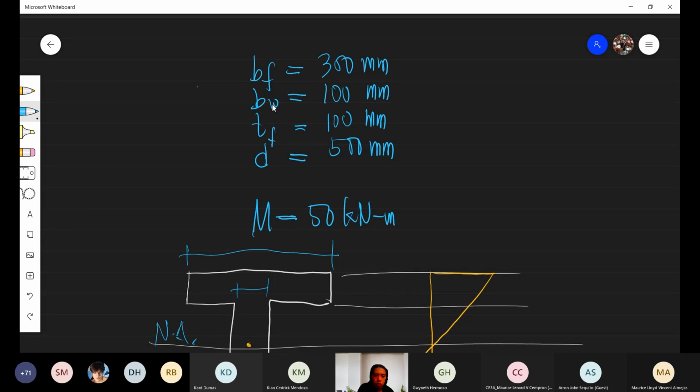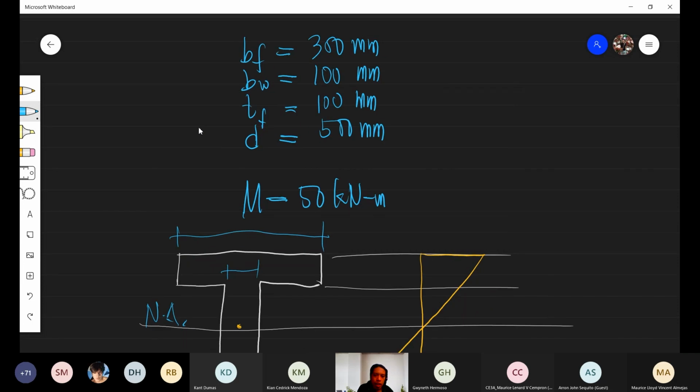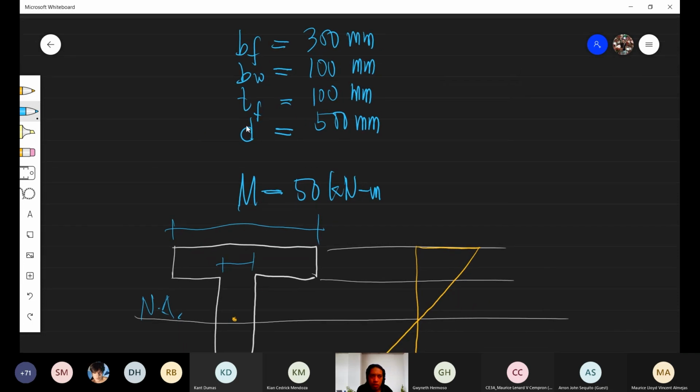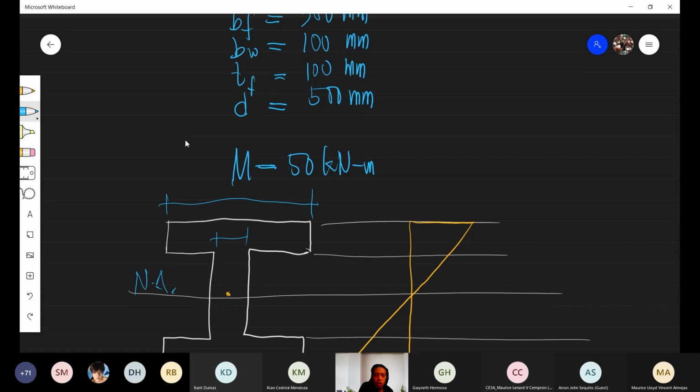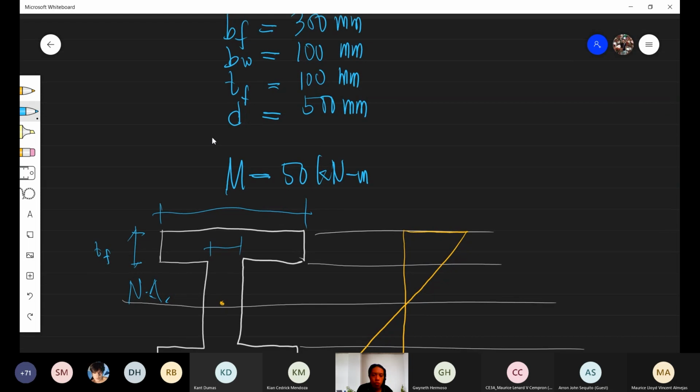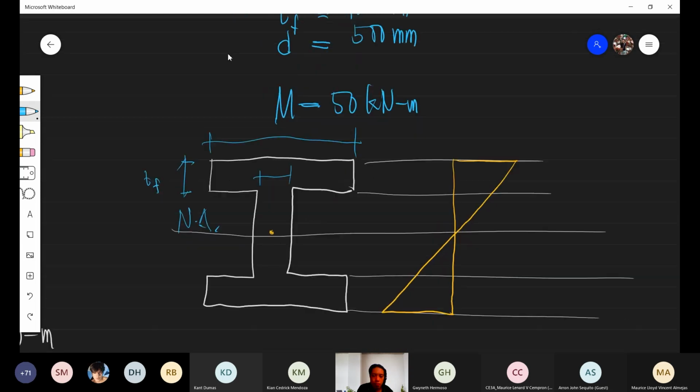Sometimes lang hindi denote TW, thickness of the web. Pero mostly, ginagamit ito ni BW, width of the web. TF naman, T sub F, T is the thickness of the flange. So ano ito here? The thickness of the flange is this one. This is the thickness of the flange. Yan. D is the overall depth.